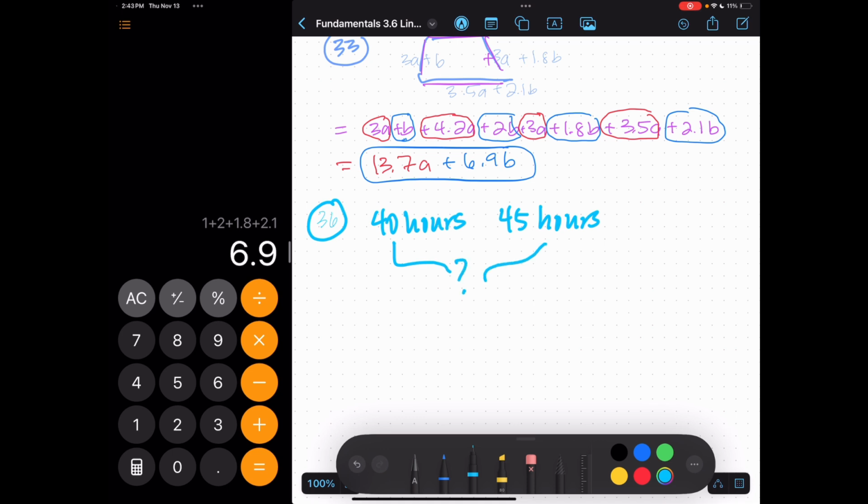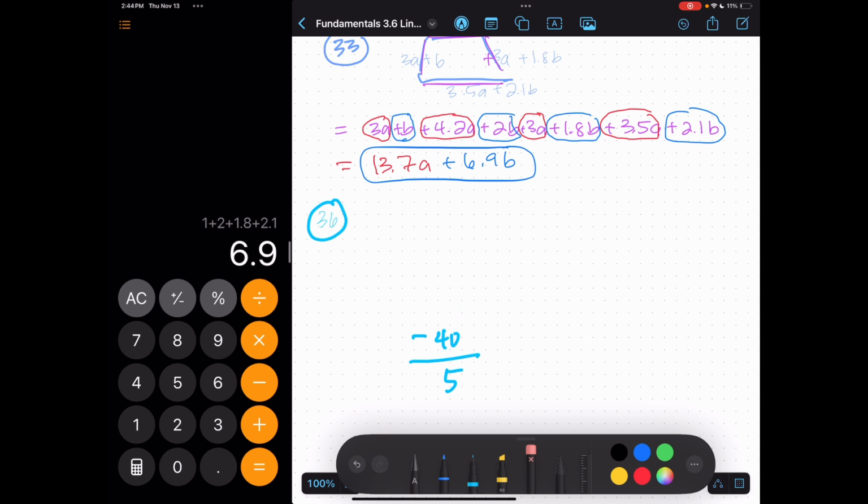All right, if I say how many more hours did neighbor B work than neighbor A, we would set this up as an equation and we would do 45 minus 40 equals the answer, which is neighbor B worked 5 more hours. Okay, when we're comparing, it's the difference. What's the difference between the two? And difference always means subtraction. Okay, so now that we understand why we're going to subtract, let's go ahead and take the values and subtract them and get the applicable answer.